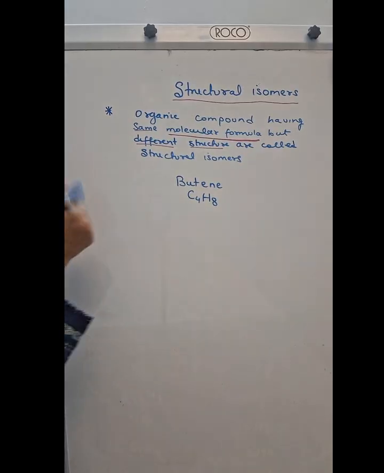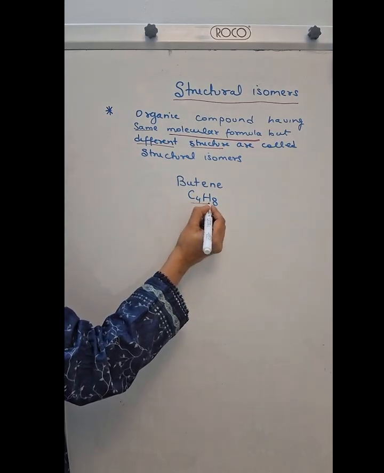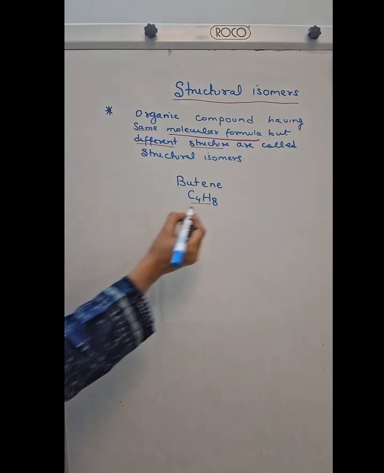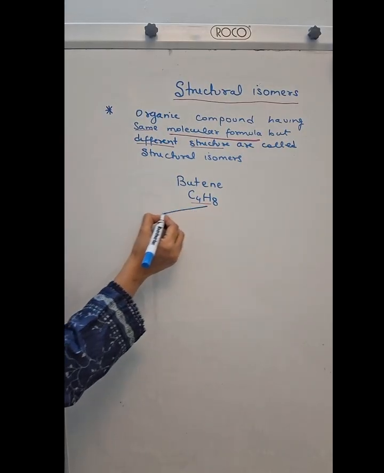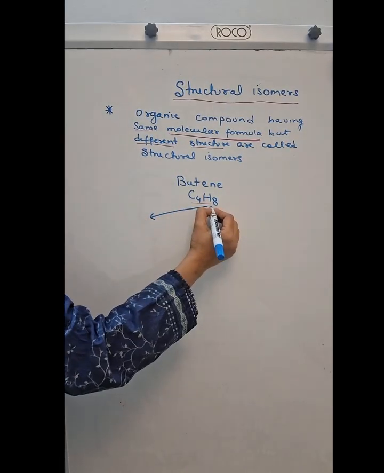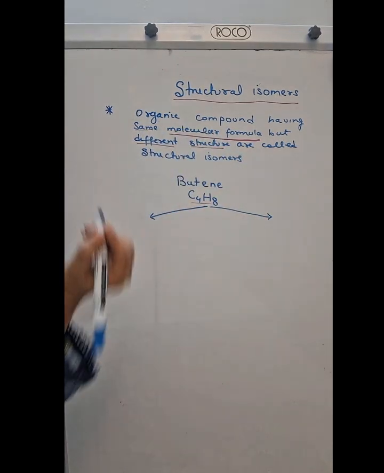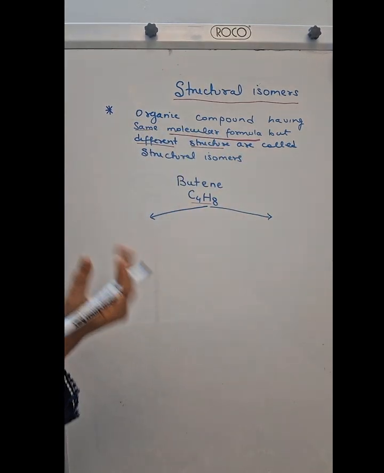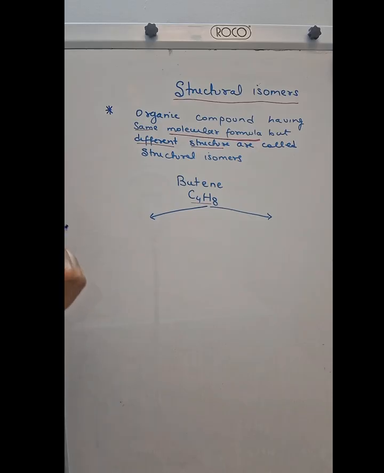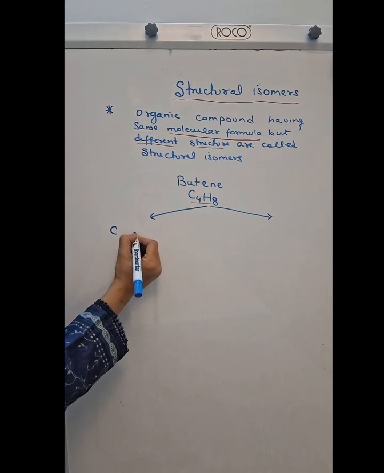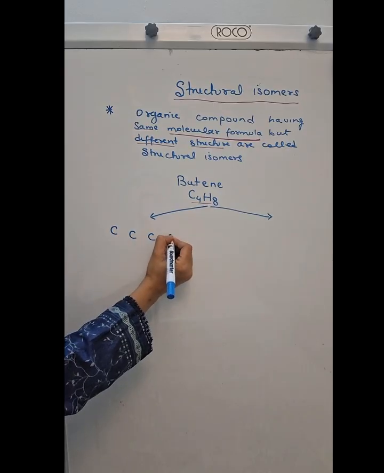Now you see this butene structure we will draw. There are two ways by which butene can be drawn. Earlier in my class we have already learned how to draw the structure of alkene. So butene, 4 carbon, 1, 2, 3 and 4.